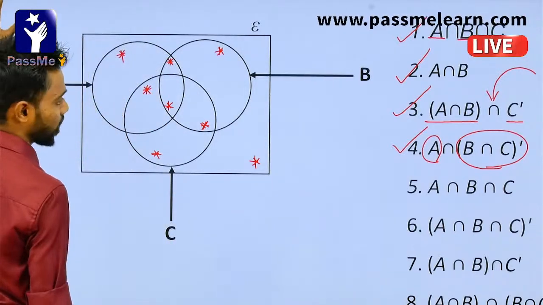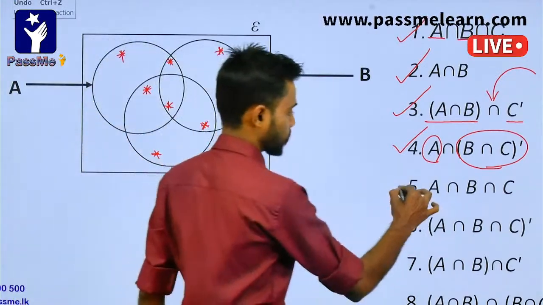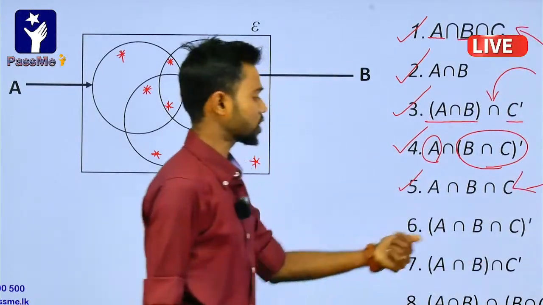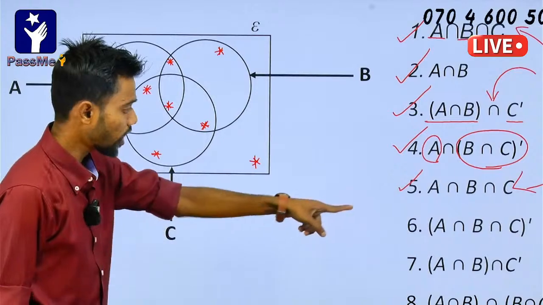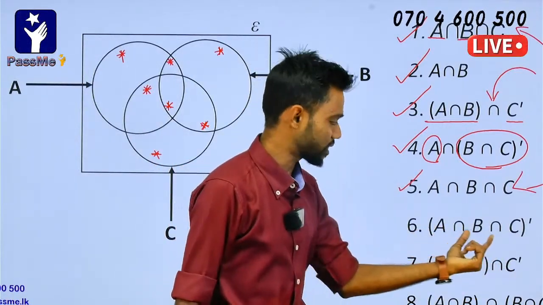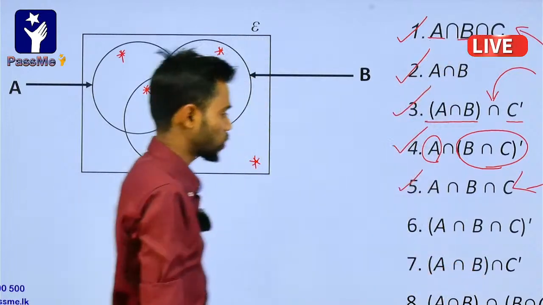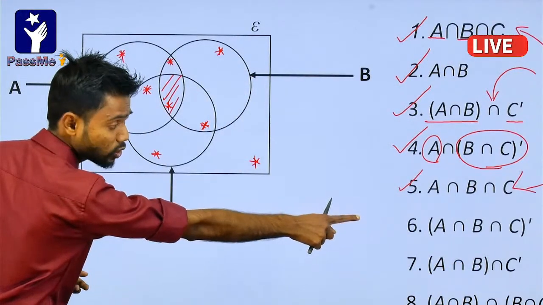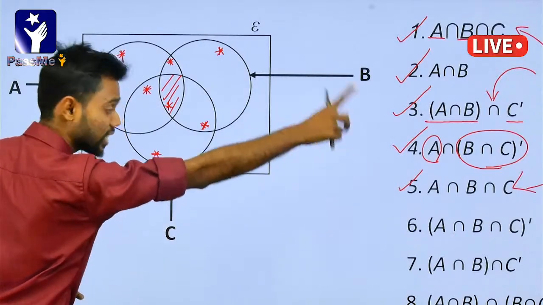Question number 7, I'm using the same as this one. Now question number 6. A intersect B intersect C. This is a very, very simple one. A intersect B intersect C means we already completed this one, this one. But it is asking not for A intersect B intersect C. It is dash.